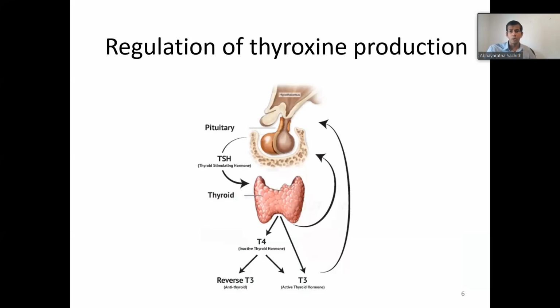And then it's very important to remember the hypothalamic pituitary axis. The hypothalamus will secrete TRH, and then TRH will stimulate TSH release. Can you remember, is there any other hormone TRH will stimulate other than TSH in this pituitary axis?